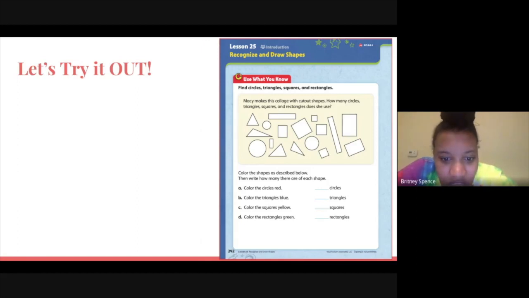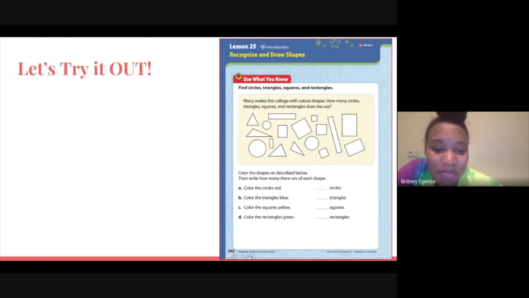It says color the shapes as described below. Then write how many there are of each shape. So it says color the circles red. And I'm just going to use my handy dandy finger and just act like I'm doing that. Then it says color the triangles blue, color the squares yellow, and color the rectangles green. So have you figured out how many of each shape there are?